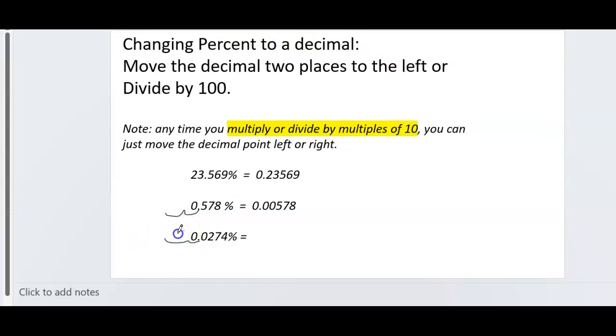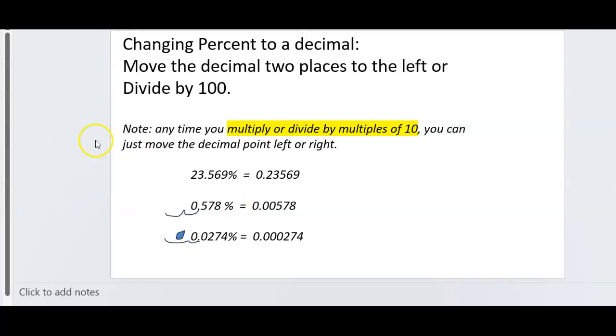It looks like a diamond for whatever reason, that's supposed to be a 0. And so now I have 0.000274. So 0.0274% becomes 0.000274. All right, so percents to a decimal, move the decimal 2 places to the left.